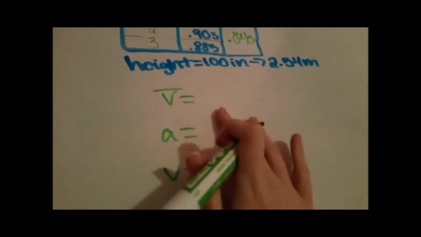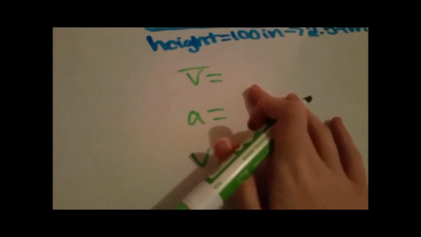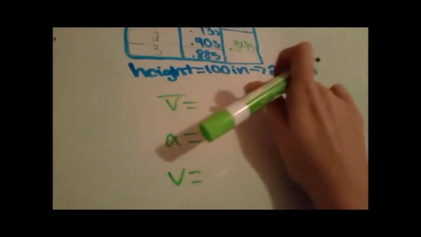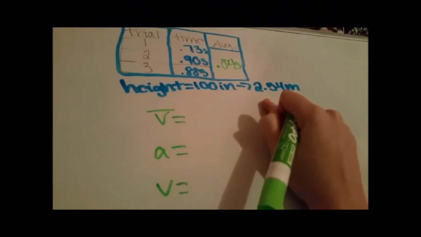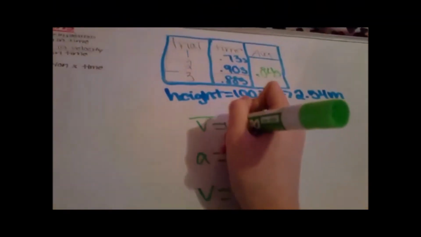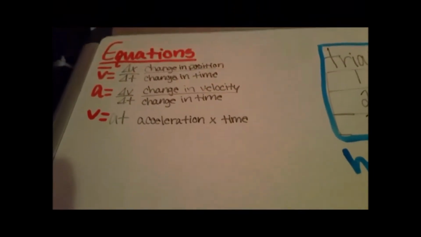From there, you can figure out the velocity. With that, you'll need the height. The height of my stairs was 100 inches, and I converted it to 2.54 meters. The velocity is change of position over change in time.